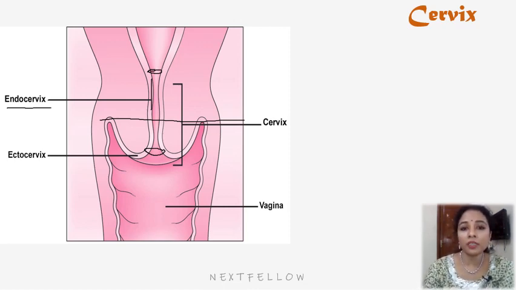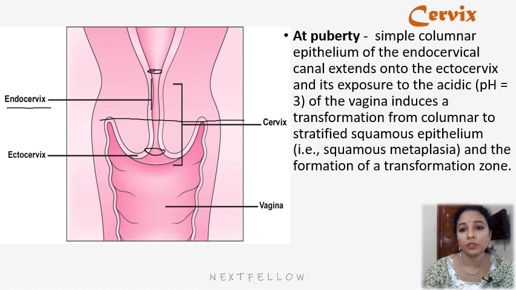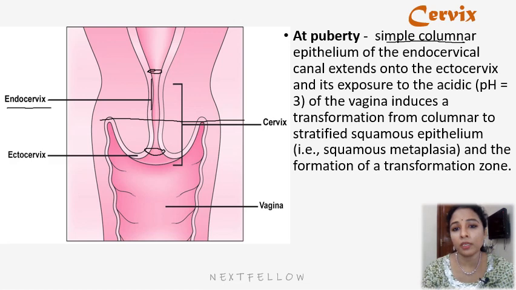At puberty, the cervix is lined by simple columnar epithelium of the endocervical canal, which extends into the ectocervix, and its exposure is acidic with a pH of 3. So we can see it is lined by simple columnar epithelium and its pH is around 3, which induces the transformation from columnar to stratified squamous epithelium.